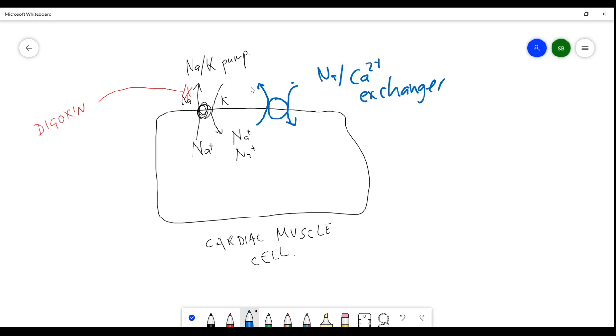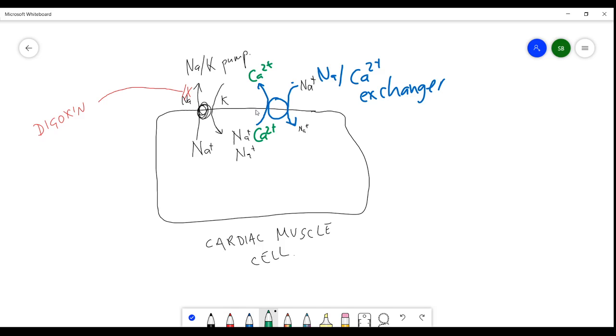Normally, the sodium calcium exchanger uses the diffusion gradient of sodium to pump calcium out of the cell.